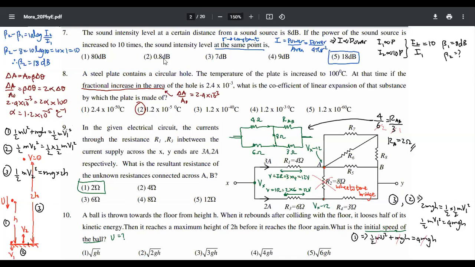I have 4gh minus gh, so u squared by 2 becomes 3gh, u squared becomes 6gh, and u is root of 6gh. Is that okay? U is root of 6gh, and the answer must be the fifth one.